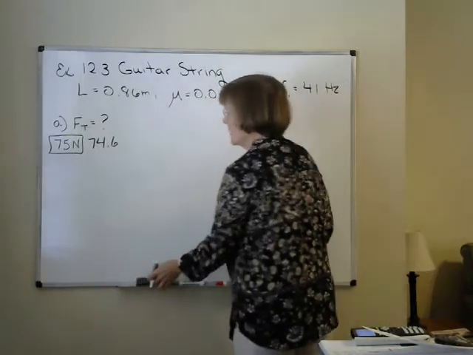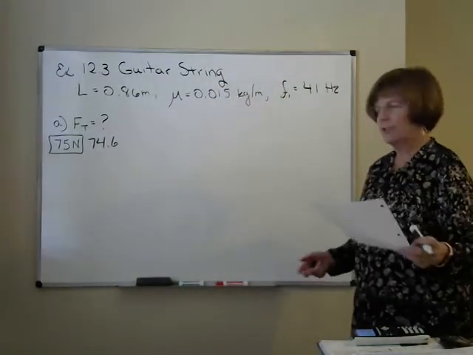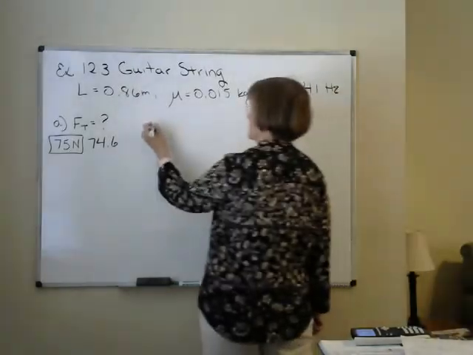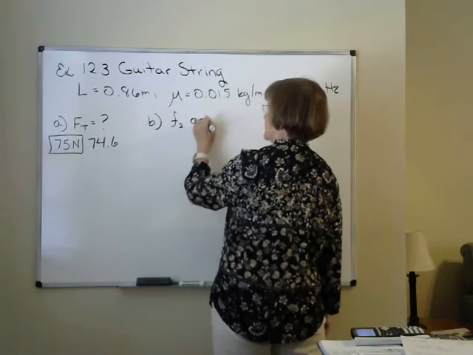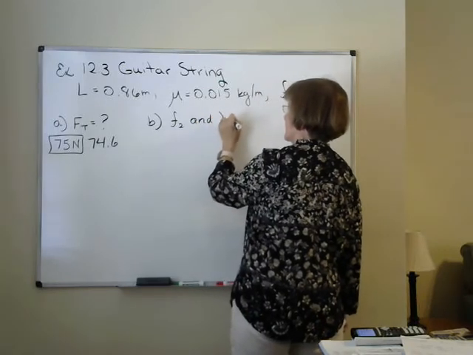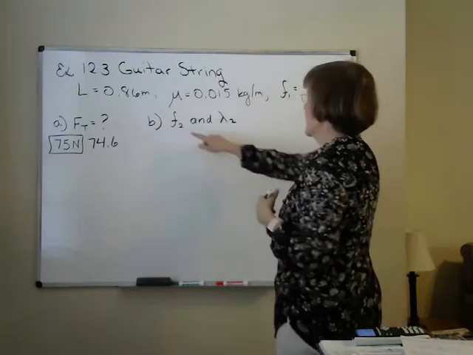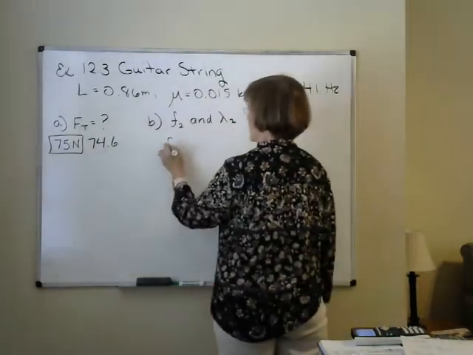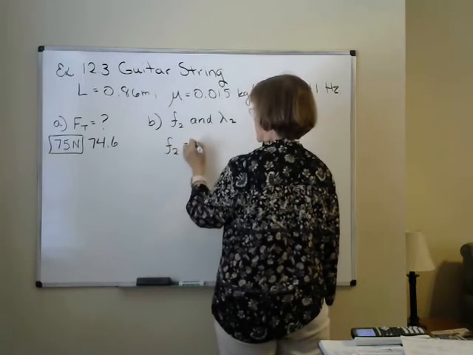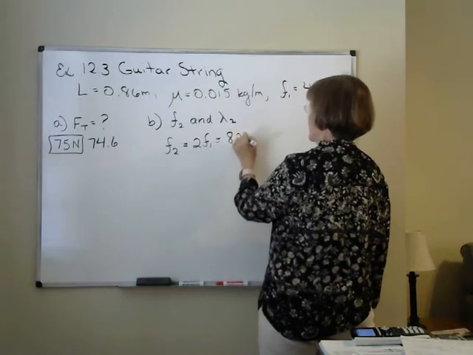The second part of this question says, find F2 and lambda 2. Well, this one's great because F2 is simply double F1. That's going to be 82 hertz.